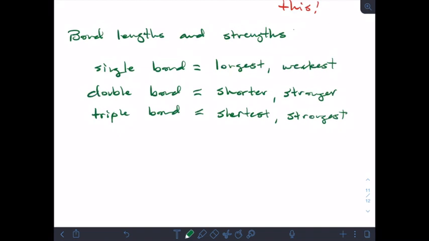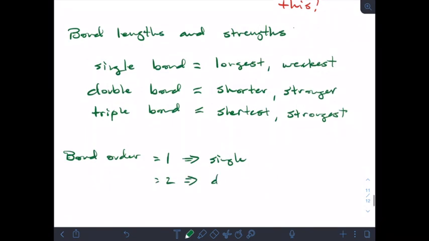Okay, and there's a thing called bond order. You're not required to calculate bond order, but I just want to touch on it really quickly because it's kind of a cool thing. So bond order of 1 is a single bond. Of 2 is a double.